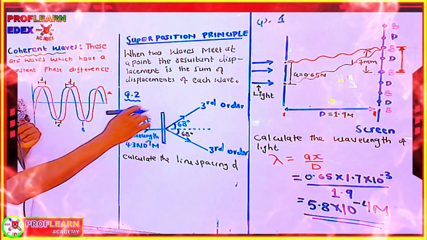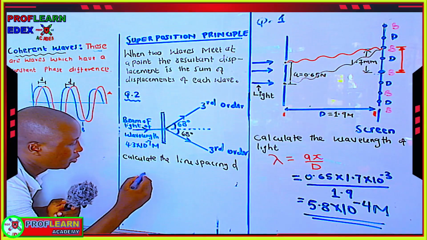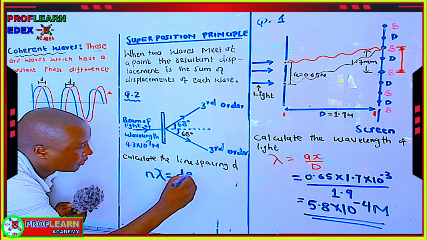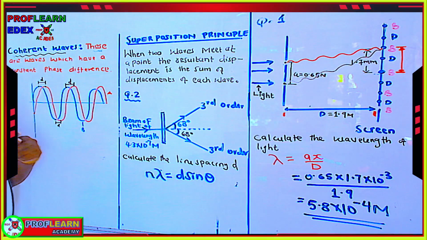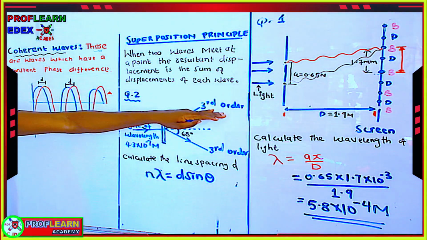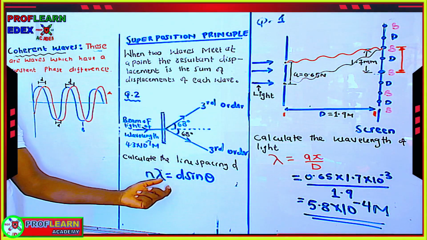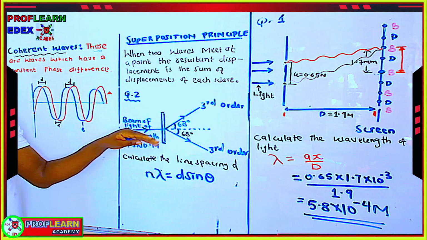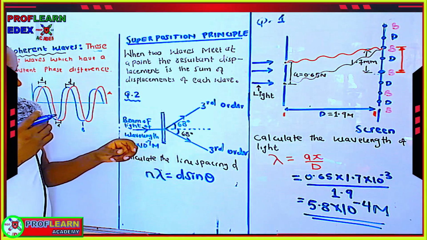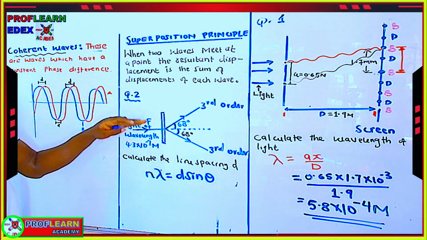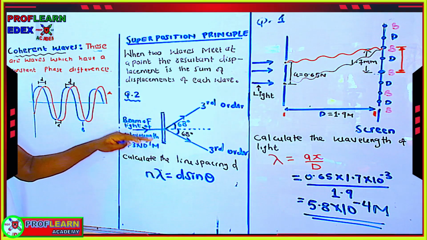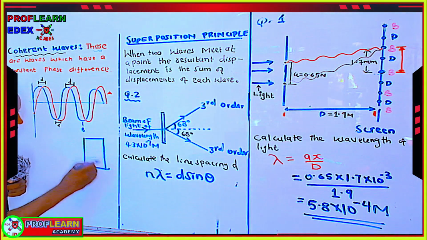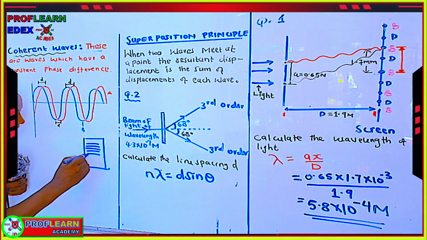The formula you use for diffraction grating is usually n lambda equals d sine theta, whereby n is the number of the order, lambda is the wavelength of the light that passes through the diffraction grating, and d is the line spacing in the diffraction grating, because a diffraction grating is a plate that has a number of slits.